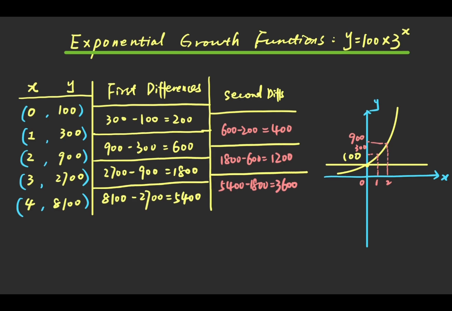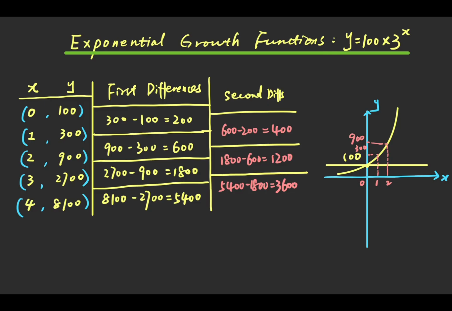That is, every time it increases by 1, but the corresponding y-coordinate increases by a common factor, that is 3. And the graph increases at an increasing rate. Here, this is the ratio. That is, this is 100, this is 300. All right. This number divided by this number, it will be 3. Next time, this y-coordinate divided by this y-coordinate is also 3. So you can find out the graph increases at an increasing rate.